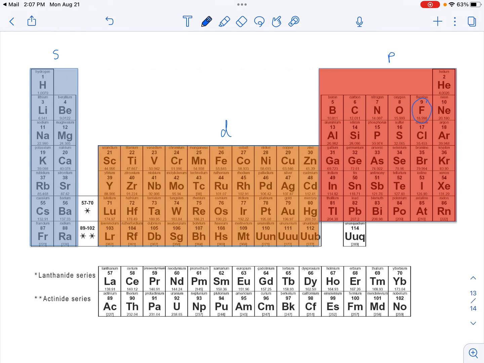So we just figured out fluorine, just by counting across: 1s2, 2s2, 2p5, and you can keep going on from there. So hopefully that's making okay sense to start with, just to have a handle on how we're generating our electron configurations from the periodic table.